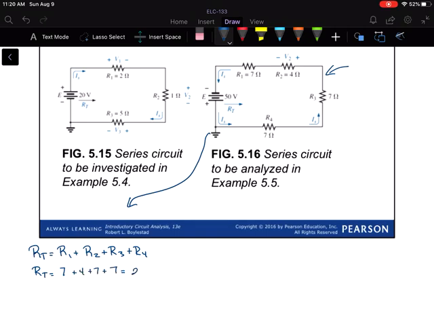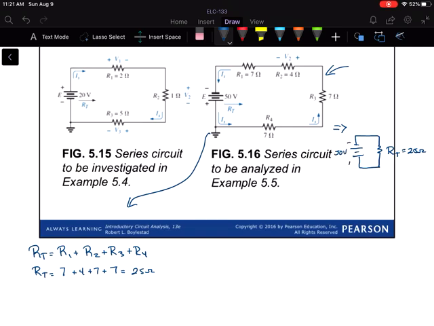The reason I do that is because when you're looking at the voltage source, that voltage source sees a certain amount of resistance out there. It doesn't necessarily see 4 series resistors, it just sees 25 ohms of total resistance.